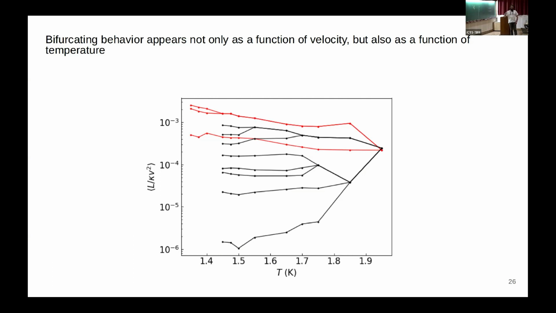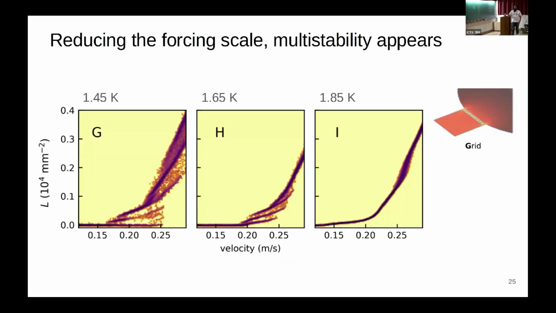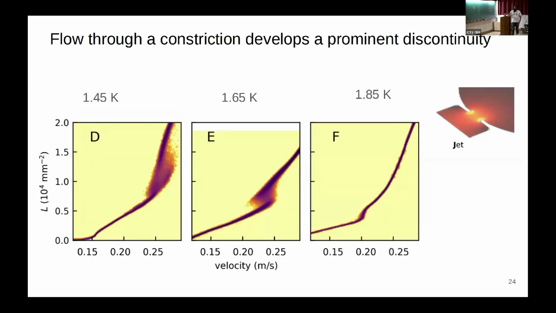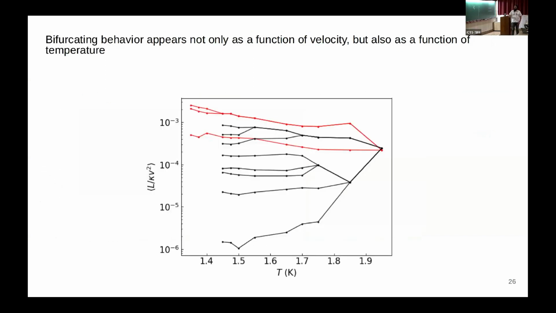The scaling within the branch is not velocity squared, but it's close. There are definitely some other terms there, but this is the nice property that is dimensionless. On the x-axis there is temperature. The black ones are the grid data, and the red ones are the jet data.